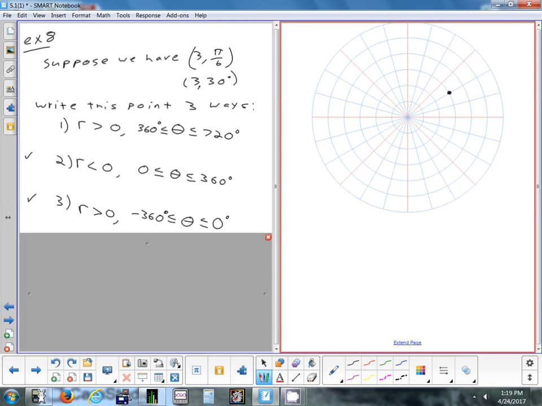Well, think about if you want to land on the third circle, how many units do you have to move out from the origin? 3. And there's 2 ways you can move out 3 units. You could either go, sure, Taryn? 3 or negative 3.